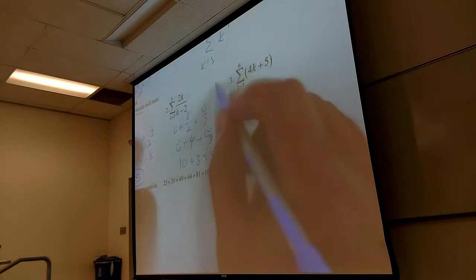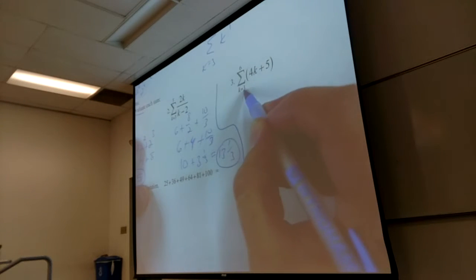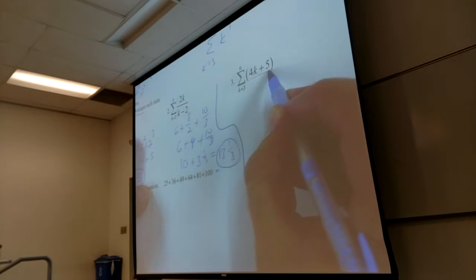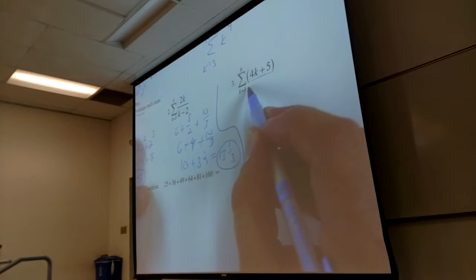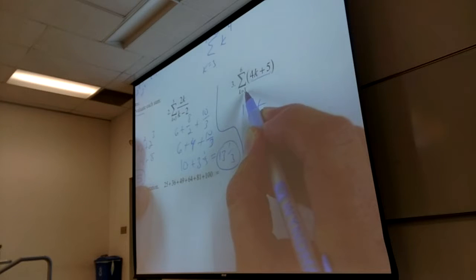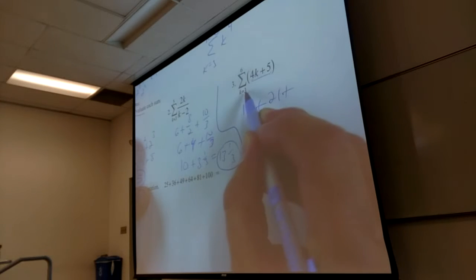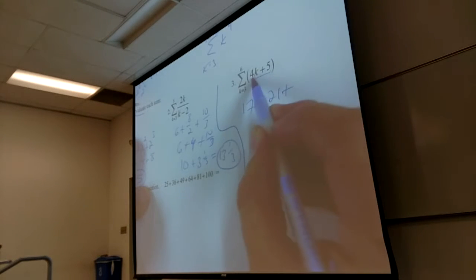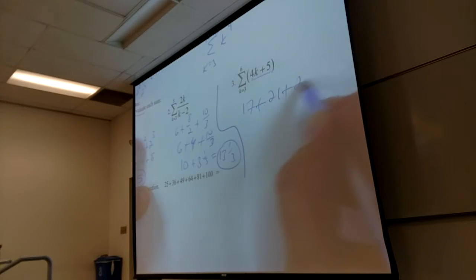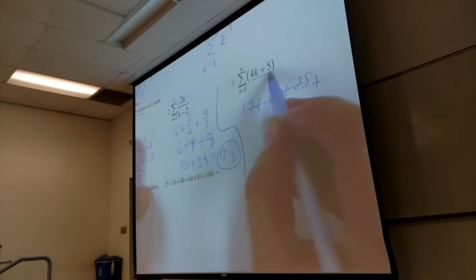And then this guy, same idea. Let k be 3, and you get what? Yeah, you get 12 plus 5, 17. Let k be 4, and you get 16 plus 5 is 21. Let k be 5, 4 times 5 is 20 plus 5 is 25. And let k be 6, 24 plus 5 is 29.